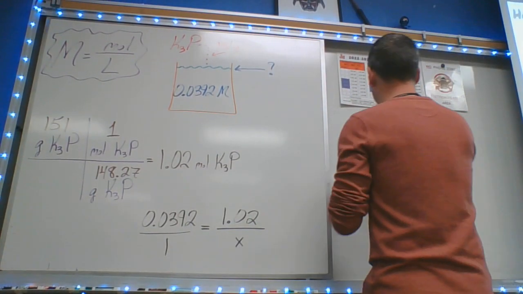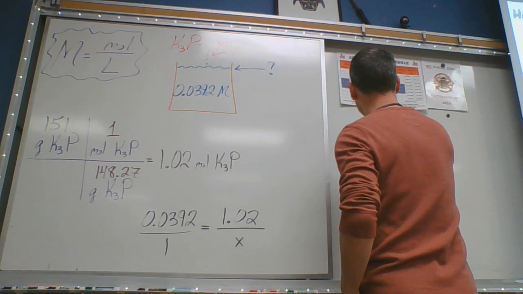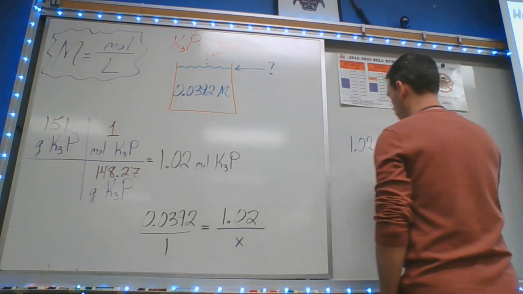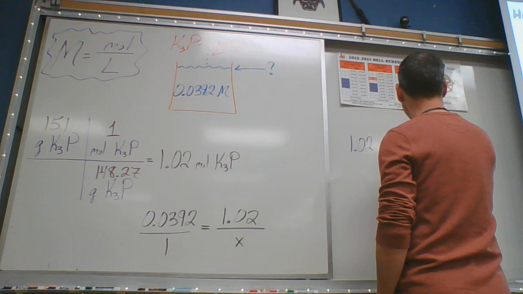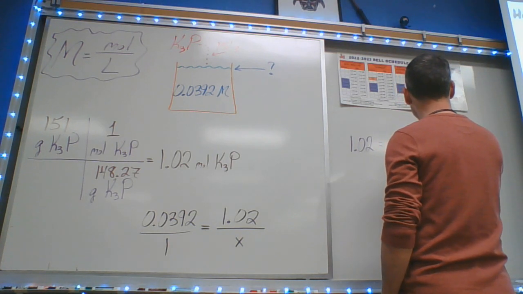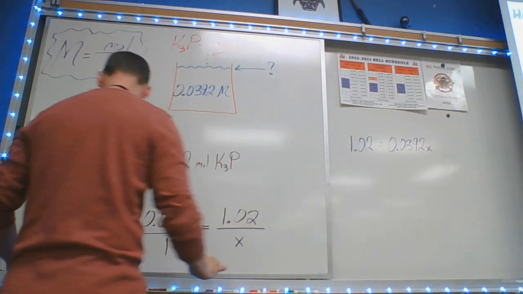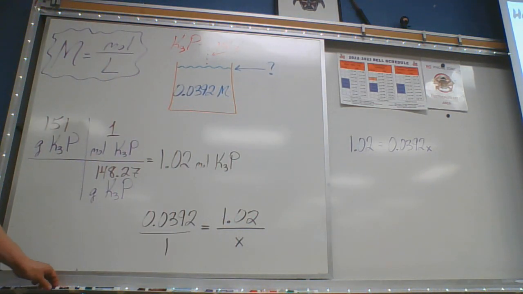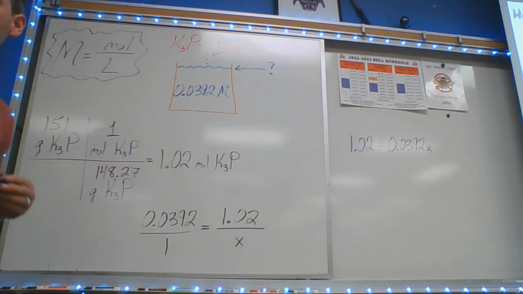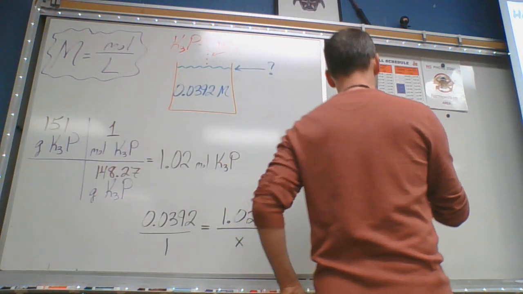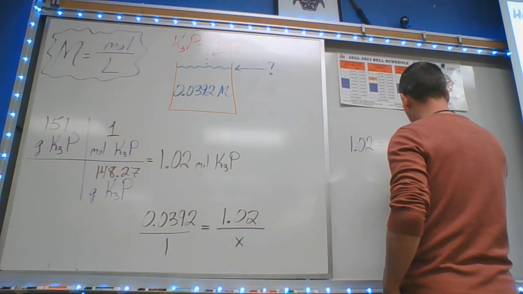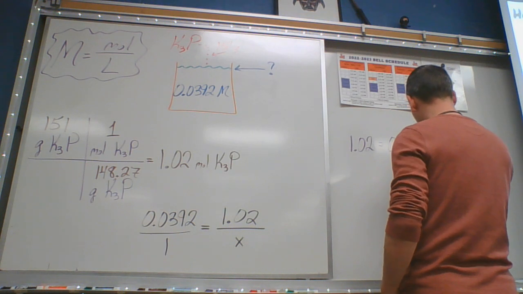When I do that, I'm going to get 1.02 equals 0.0392x. We can divide both sides by 0.0392.